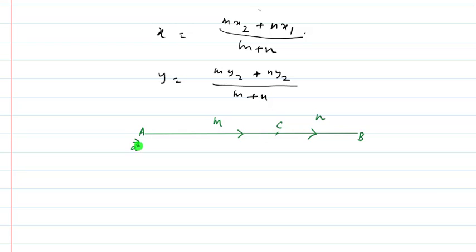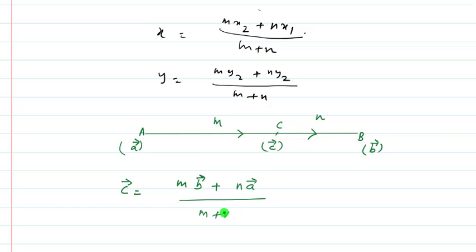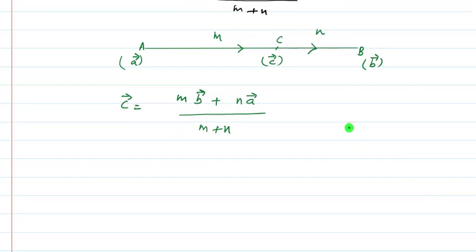Let a be the position vector of point A, b the position vector of point B and c the position vector of point C. Then the position vector of point C will be equal to (m times vector b plus n times vector a) upon (m plus n). So instead of taking coordinates, we take just the position vectors of points A and B. This is the section formula for vectors when it is divided internally.